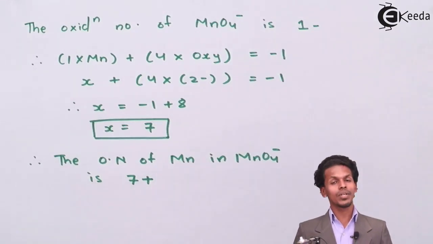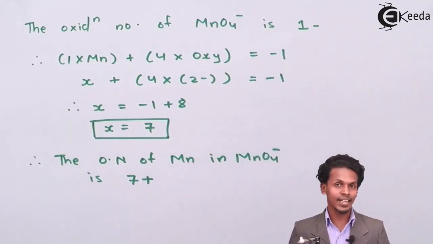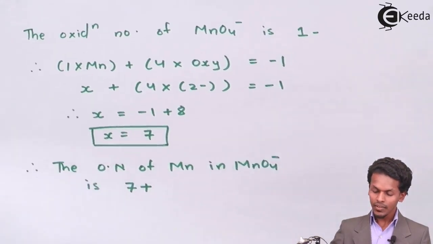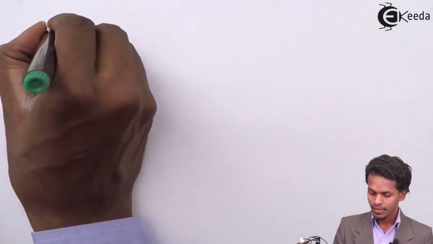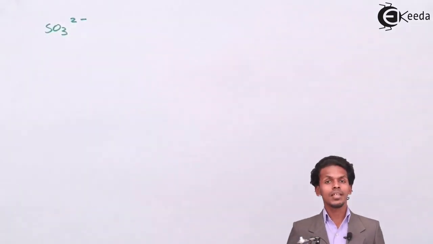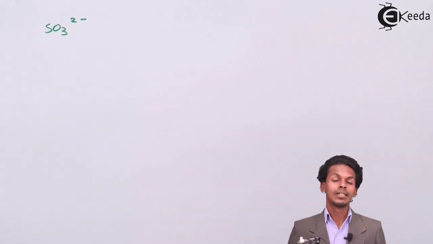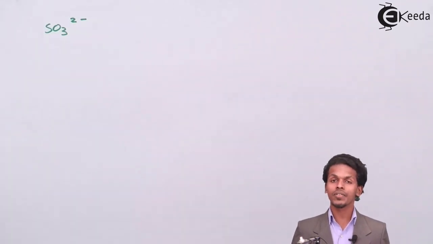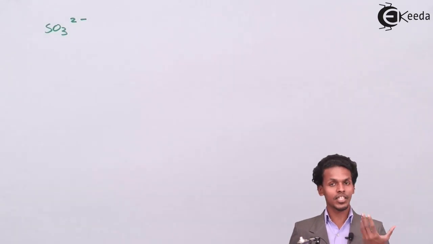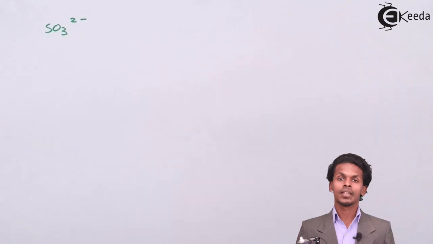And now we are going to determine the oxidation number of the second reactant, which is SO3 2 minus. In this case, we know the oxidation number of oxygen, but we don't know the oxidation number of sulfur, because the oxidation number of sulfur varies with respect to the atoms attached in a molecule.